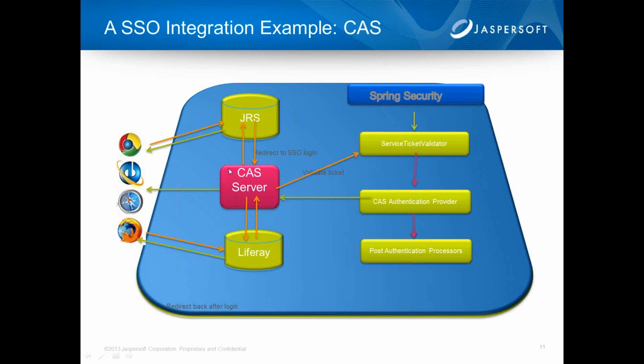Obviously, it can be used for other enterprise applications as well. So nicely, you can just log in to CAS, and you do not have to log into Jasper server. You can bypass the Jasper server login screen, and also you can bypass the Liferay login screen.